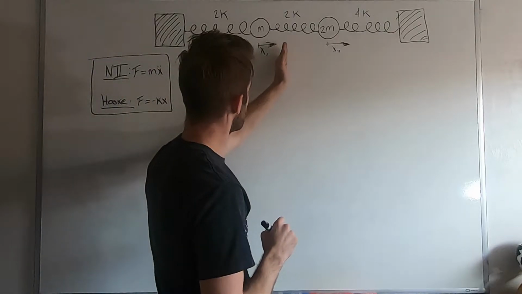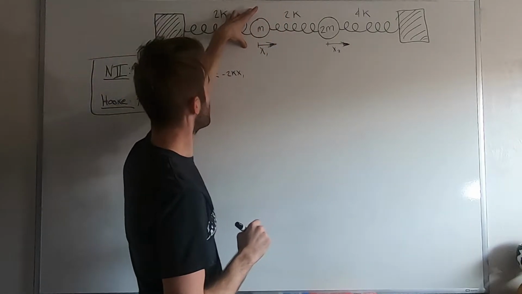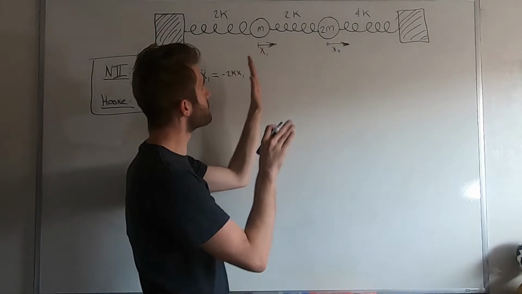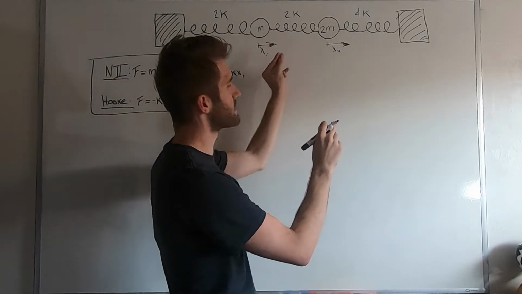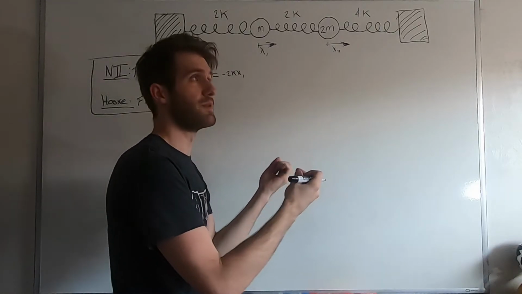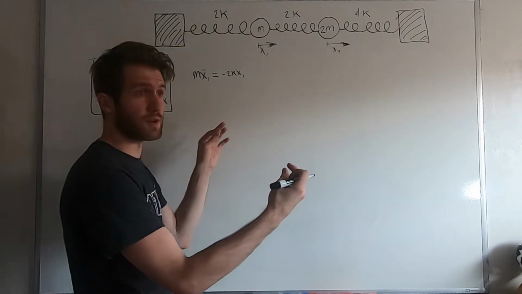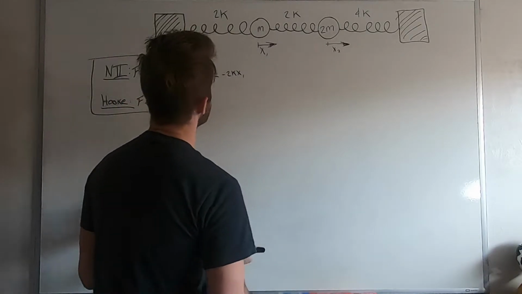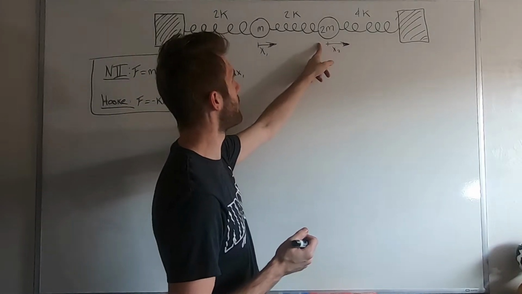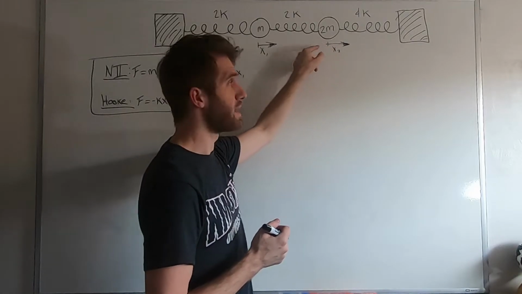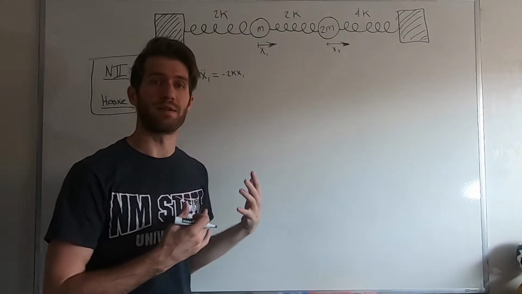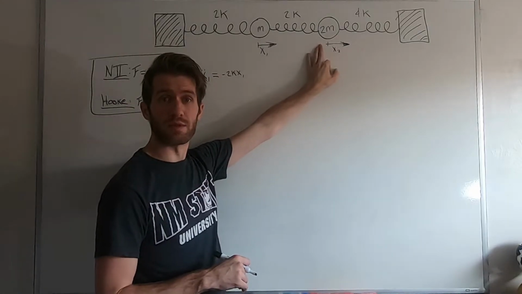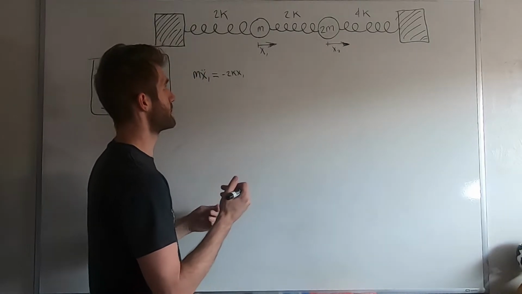Now let's move over a little bit and look at this spring relative to this mass here. Well, if we're exerting a displacement to the right here, that spring is going to compress, but it's going to exert an opposite force to, once again, resist that compression. But this time we are keeping in mind that this mass here is also contributing to that restorative force here. So we have to be sure to include that in our equation here.